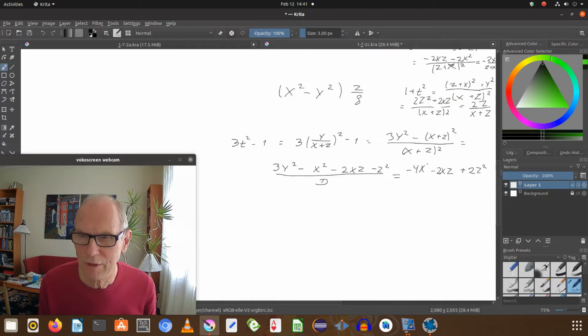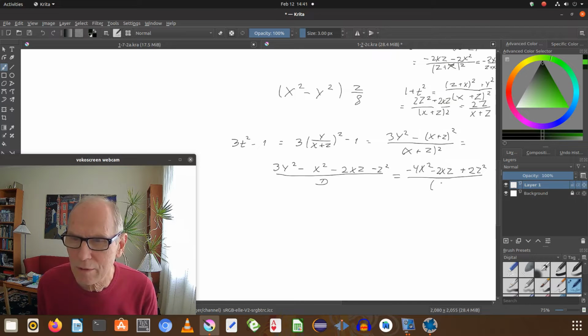Squared. There we go. Now, eliminating x and z makes no sense at all.